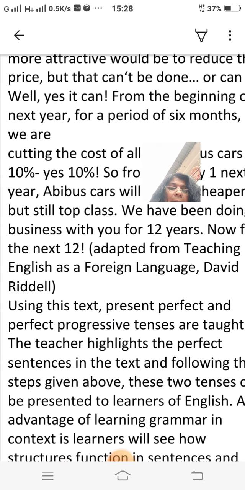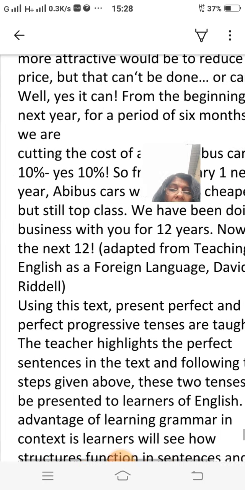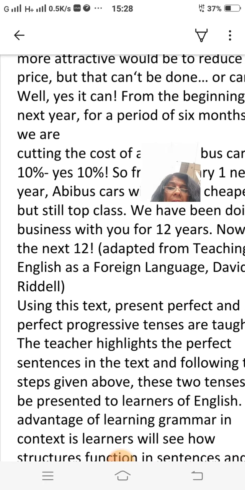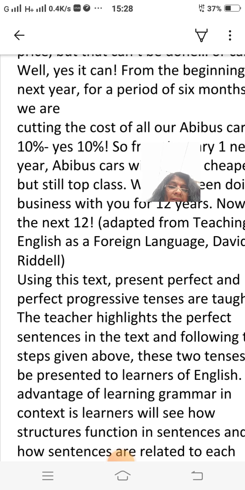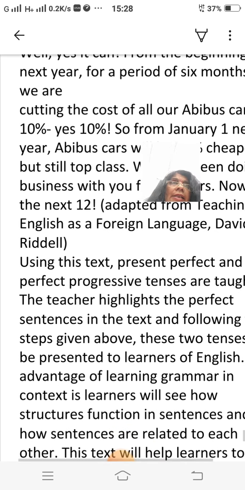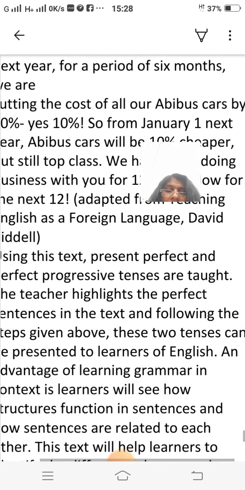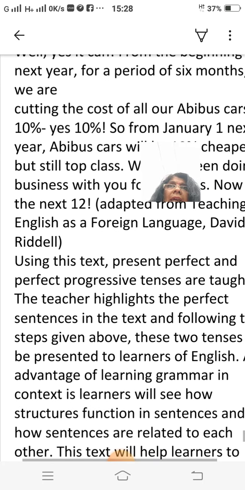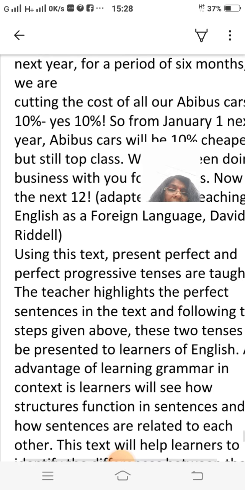Using this text, present perfect and present perfect progressive tenses are taught. The teacher highlights the perfect sentences in the text, and following the steps given above, these two tenses can be presented to learners of English.